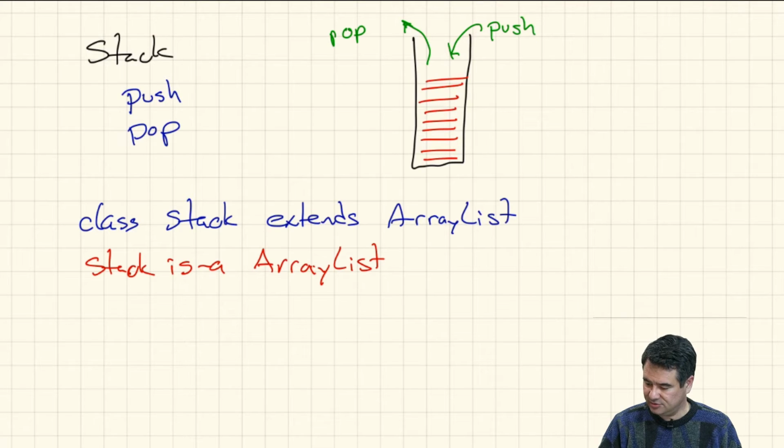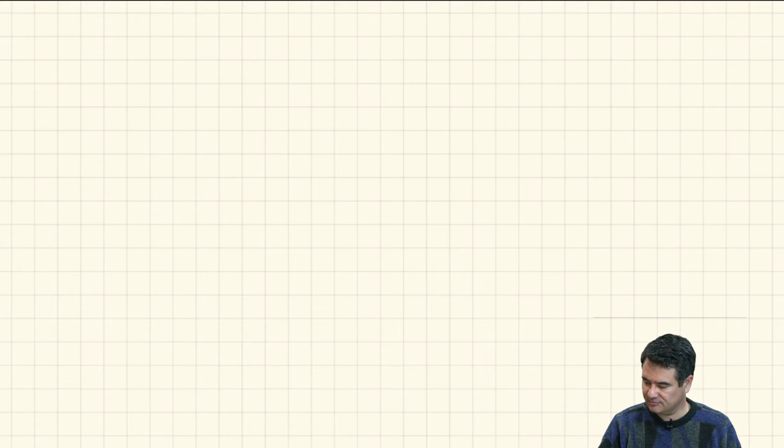Let's switch to another screen. Okay, so if I can kind of draw this picture here, here is ArrayList. Let me move that, just put it more in the center of the screen.